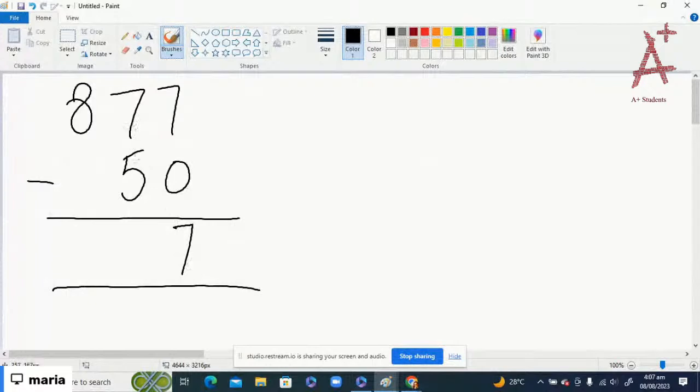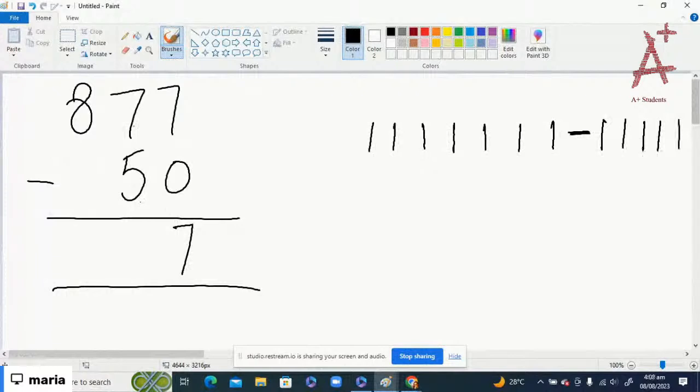Now here is 7 minus 5. Let's draw 7 lines: 1, 2, 3, 4, 5, 6, 7. Subtract 5.